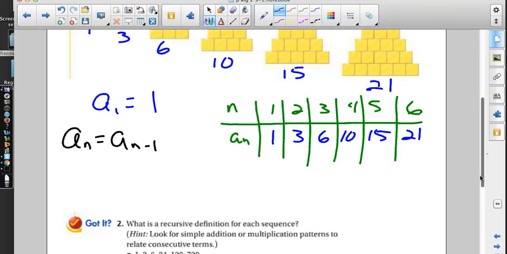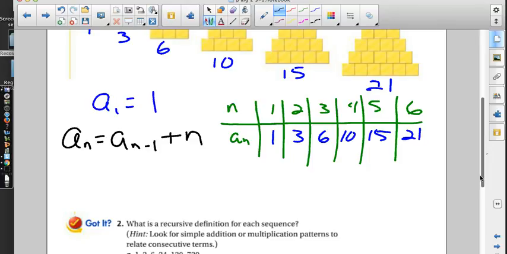So they're going to do something to the previous term. What do I do to a 1 to get a 3? I add 2. Oh, wait a minute. That's n. What do you do to 3 to get 6? You add 3. Oh, it's n again. And you notice they're constantly adding the number of the term. They're adding n.